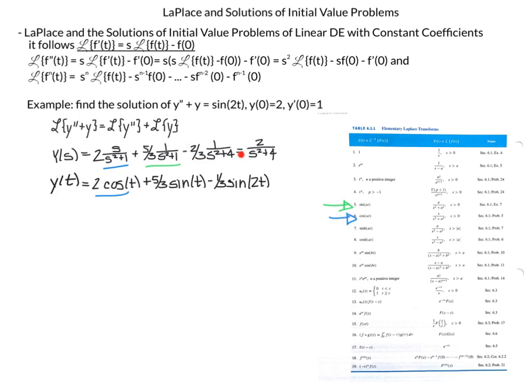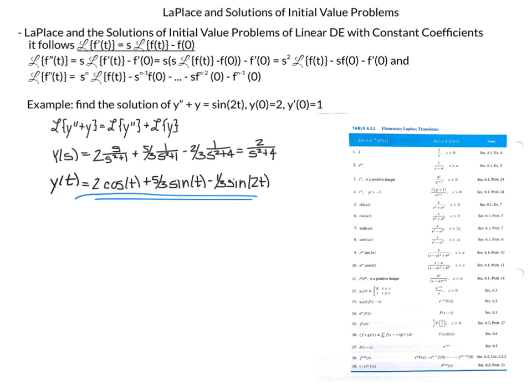So this is going to be 1/3 sine of 2t, because the Laplace transform of sine of 2t would give me my 2 over s squared plus 4. And this is it. This here is my solution.